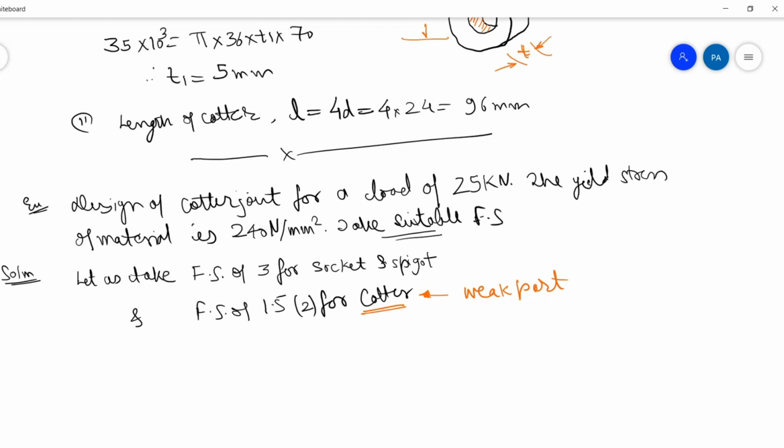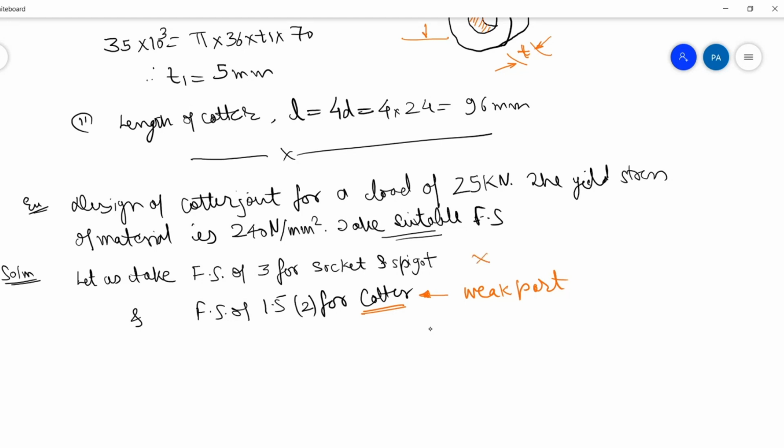And what about socket and spigot? See, socket collar, spigot collar, and rod, all of these are made up of the same material. Cotter is also made up of the same material. But what are we doing? We are ensuring that this should not fail.